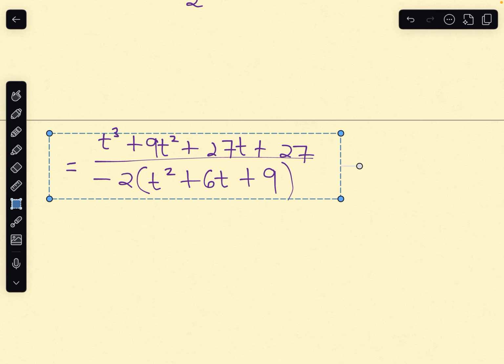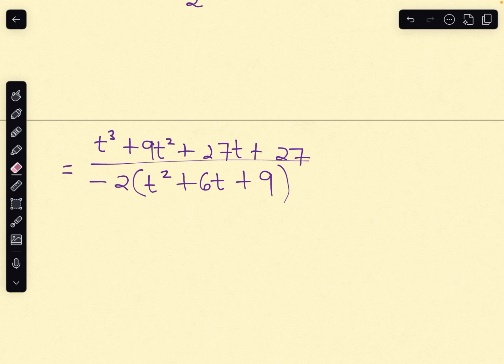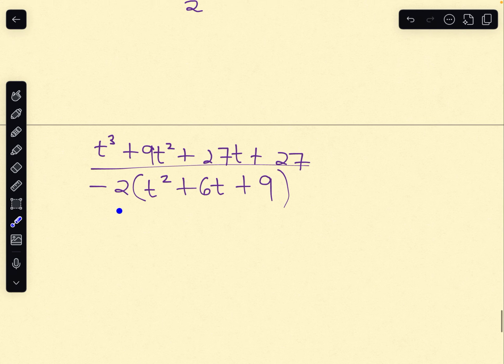I'll just do this on a separate page. We're trying to figure out what this divided by this is. Do I want to multiply the minus 2 in? No, honestly, I do not. I would just keep it separate, so this is the same as saying minus a half times this whole spiel.